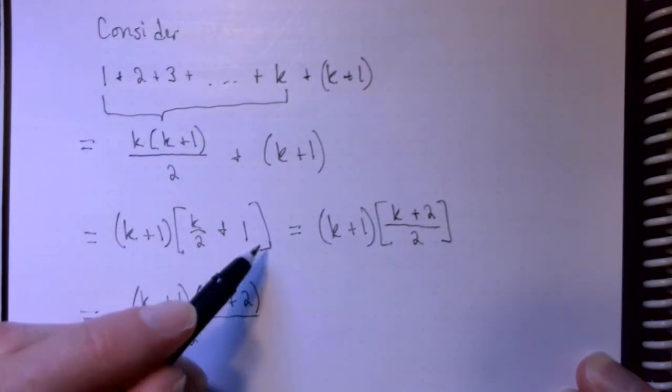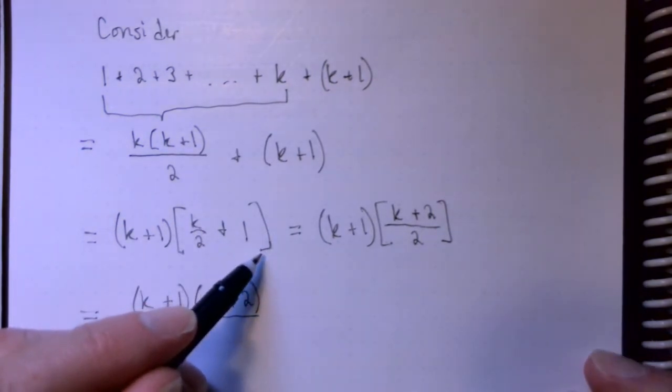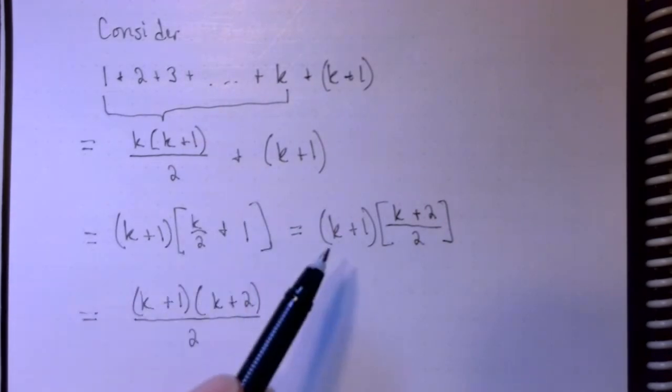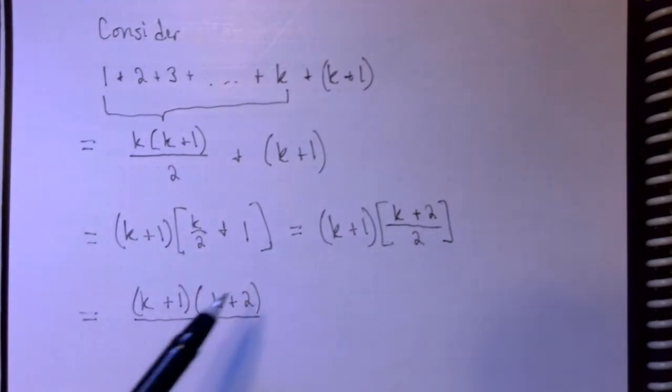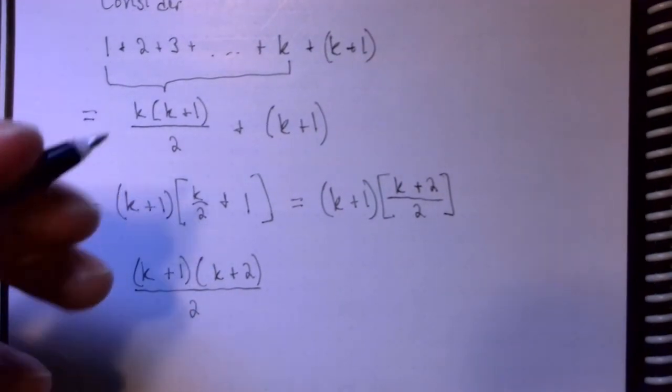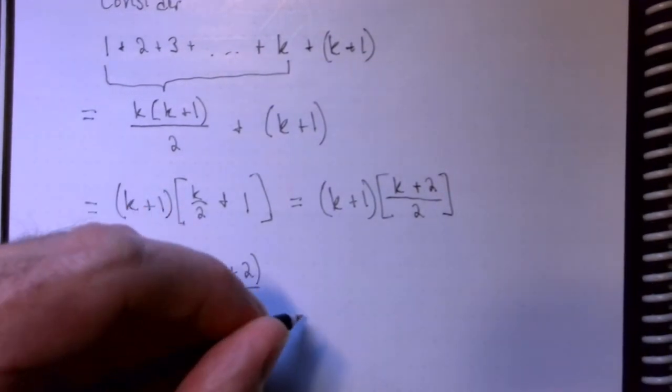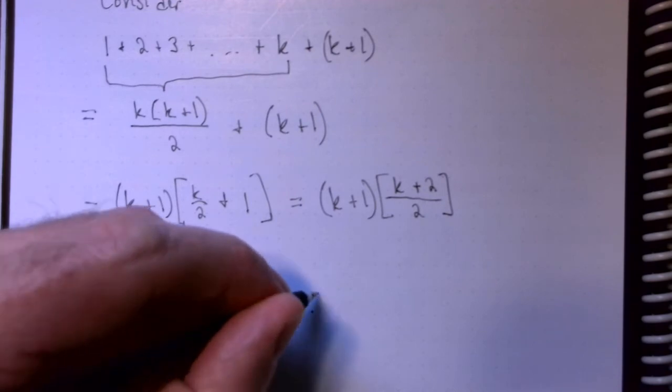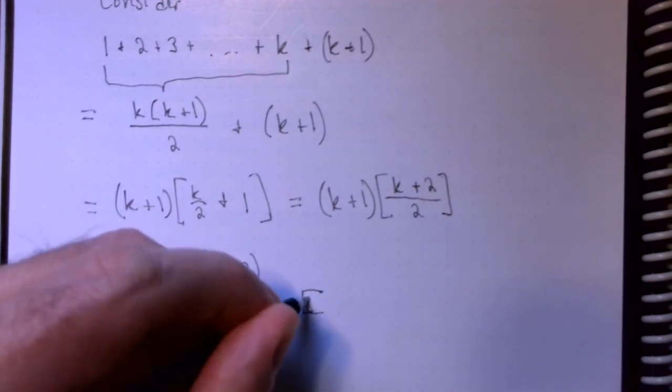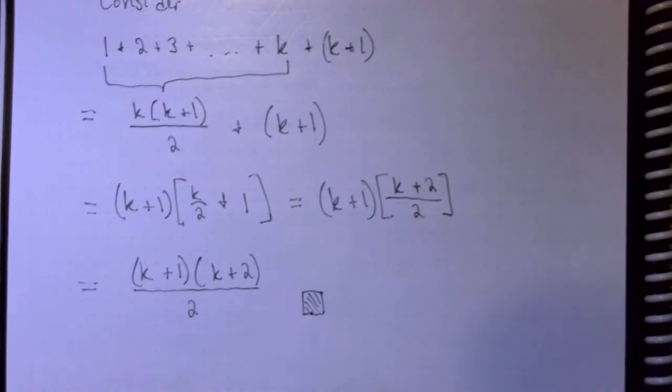I'd have to rewrite this as 2 over 2. And then once I've done that, I could combine the numerators to get k plus 2 over 2, and that is in fact equal to this. And that actually completes our proof by induction.